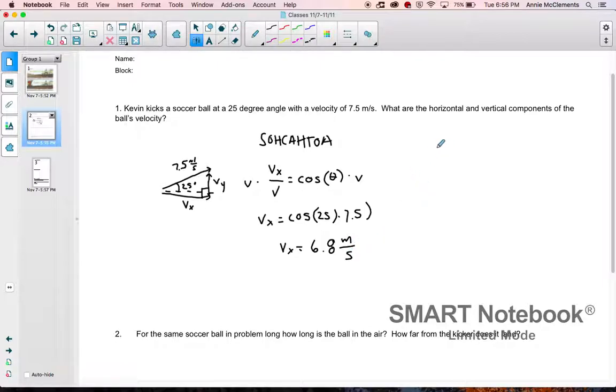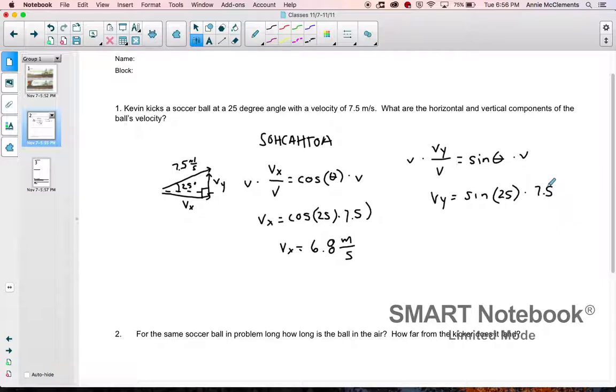To solve for Vy, we're going to use that as opposite of our angle that we're given. So we're going to use Vy over V equals sine theta. Multiply both sides by V, and we get Vy equals sine theta, which is 25 degrees, times 7.5 meters per second.